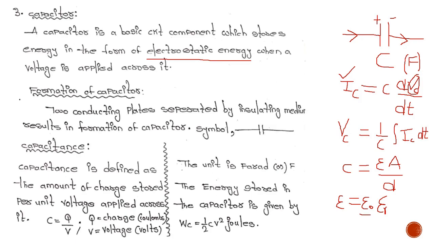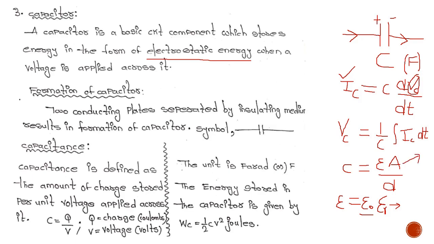Epsilon naught is a constant value, whereas epsilon R varies based on the insulating material we are using. Epsilon naught is constant, and its value is 8.845 into 10 power minus 12. So this is constant for all cases, whereas epsilon R changes based on the insulating material. So this is about epsilon.